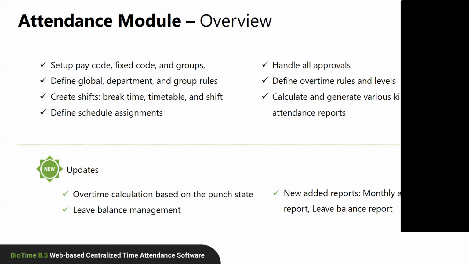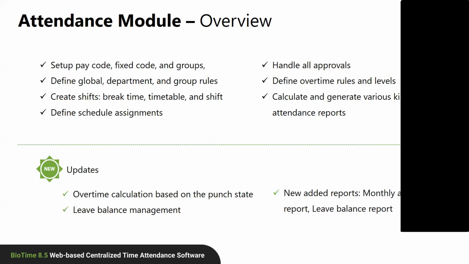Then the main feature, overtime: rule defining, level setting, and calculation. Once we do the calculation for all the employees, we get the daily report or the total time card report as per the schedule shift assignment.